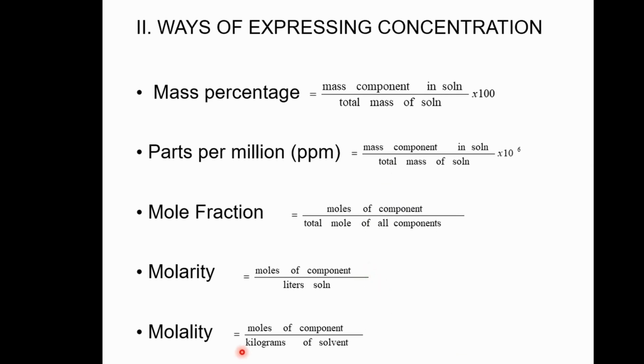And notice it's not kilograms of solution, it's kilograms of solvent. And that's really kind of convenient. Makes a lot of calculations a whole lot easier. But you want to keep that in mind, because I see students put the mass of the whole business just like you might be doing these others down there. Want to keep that straight.